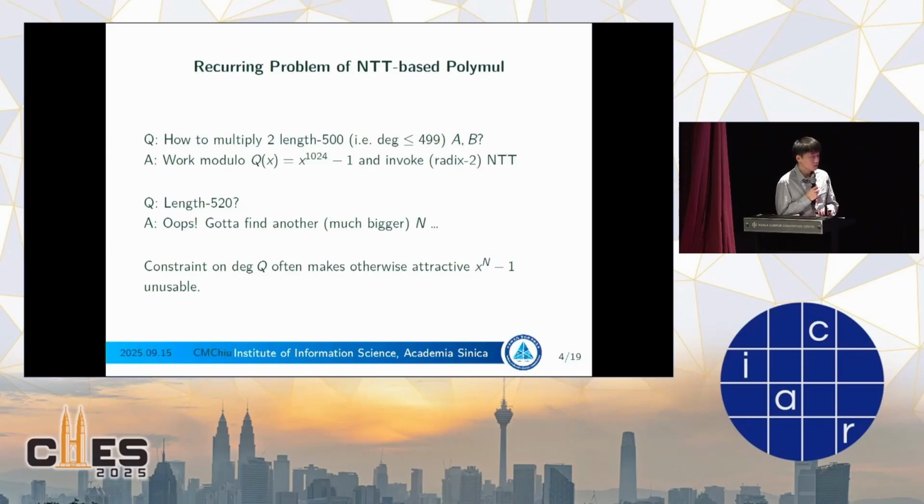So we see that in many cases, a small deficiency on the degree of the modulus is the only thing that stops us from using some easy and efficient modulus x to n minus 1.